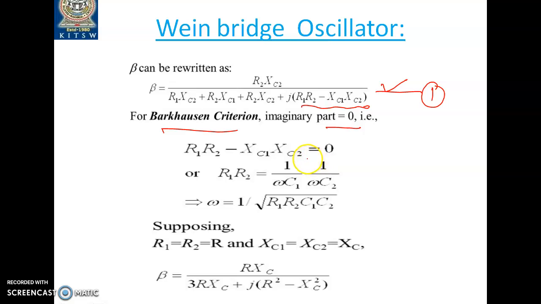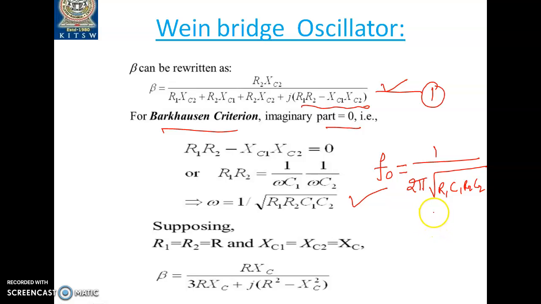Equate the imaginary part to 0 and you will get the frequency: omega equals 1 upon the square root of R1 R2 C1 C2. In other words, in terms of the frequency of oscillations, F naught equals 1 upon 2 pi root of R1 C1 R2 C2.